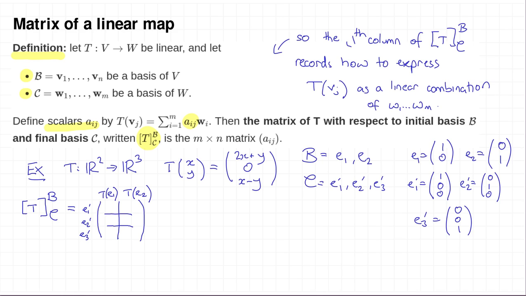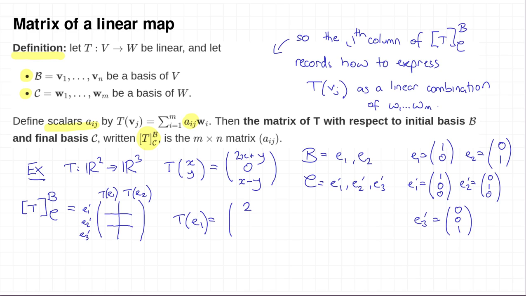So that first column should be telling me, how do I express T of e1 as a linear combination of e1', e2', and e3'? Well, let's work it out. T of e1, that's T of the vector (1, 0). So in the definition of T there, x is 1 and y is 0.